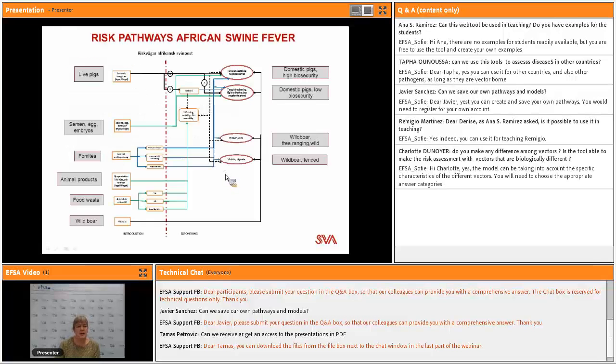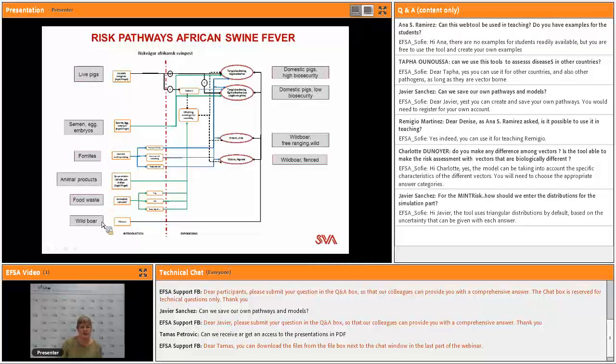So this is an example of risk pathways for African swine fever. And since it's in Swedish, I have translated for you. At the left side, you have the risk pathways crossing the border. And this, for example, for this disease: live pigs, semen, eggs, and embryos, fomites, animal products, food waste, or wild boars.